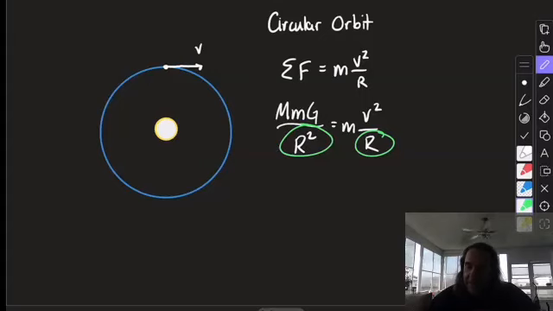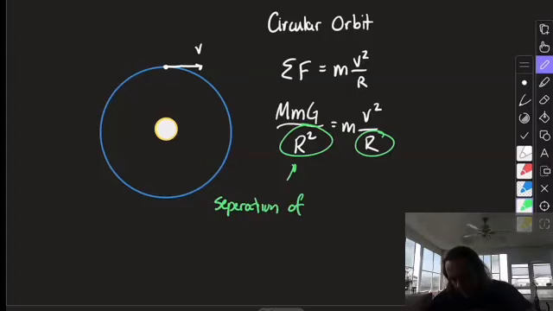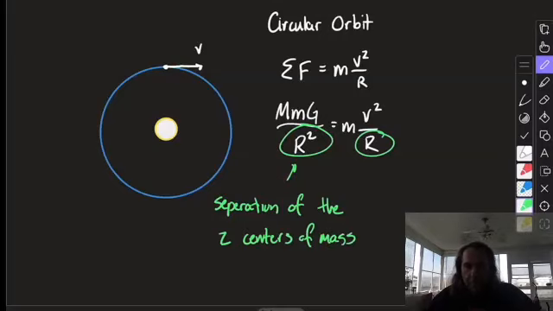And if I was writing a test, this might be one of those follow-up questions I ask, you know, at the end of the FRQ, where you're saying, well, what would happen if? So I want to remind you that this is the separation distance. That is the separation distance of the two centers of mass.